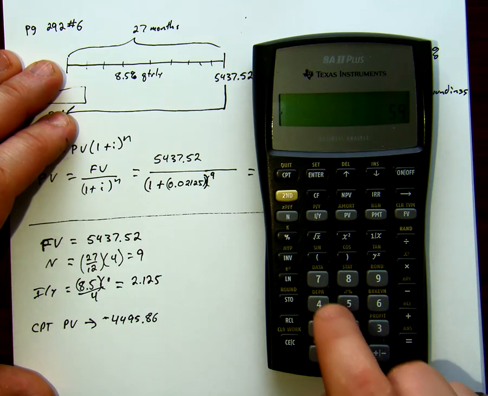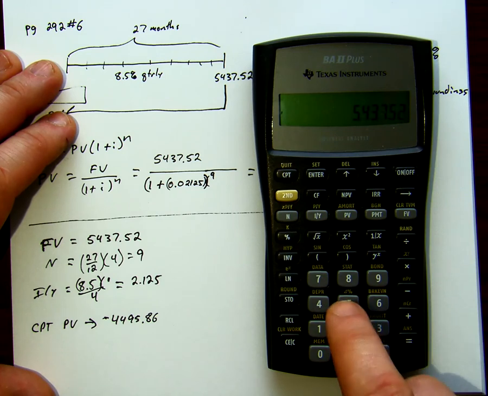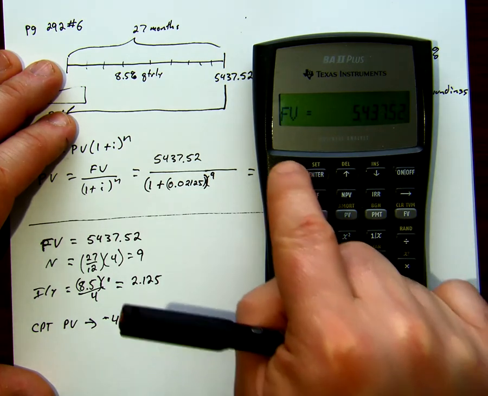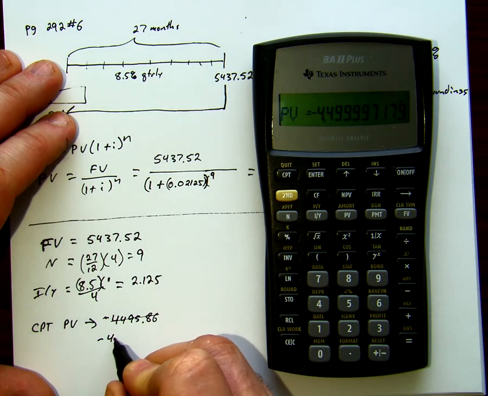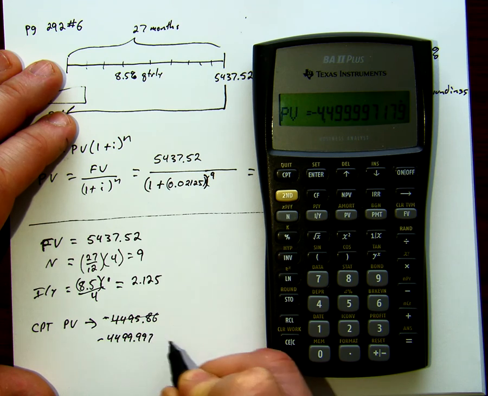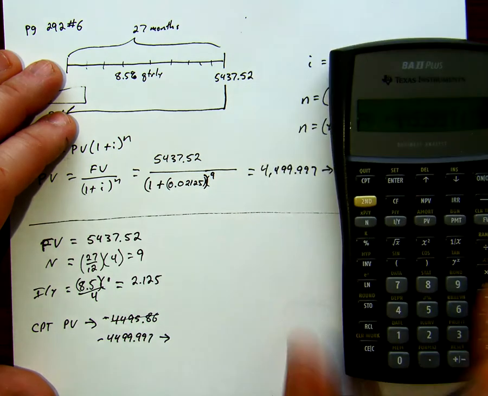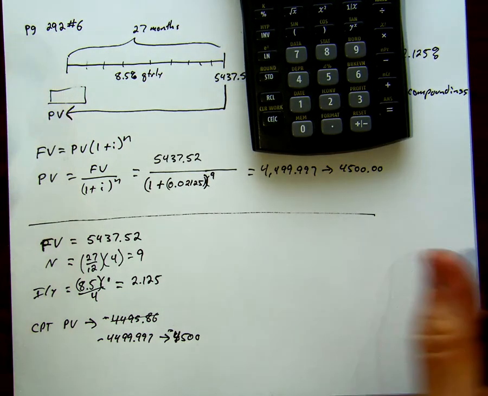So I'm going to put in 5437.52. That is my future value. And now I'm going to compute the present value to be negative 4499.997, which rounds up to 4,500.